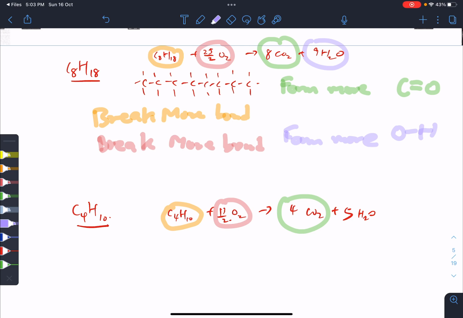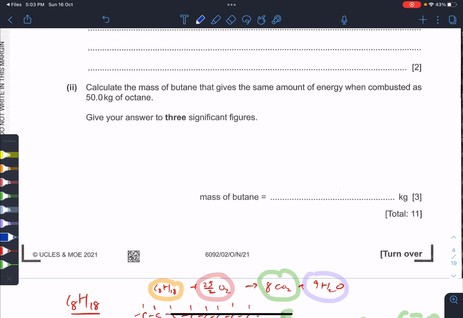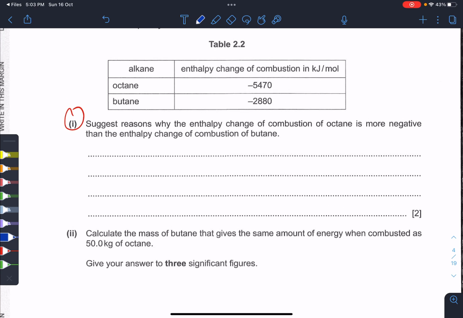So this is what you need to tell them. You're forming more OH and C=O bonds, and the other ones I'm not going to mention. It's not helping my answer. So I will say that for octane, more energy is given out or released.